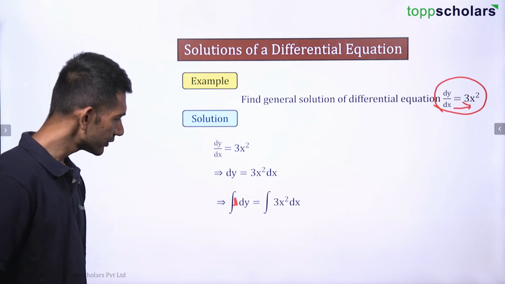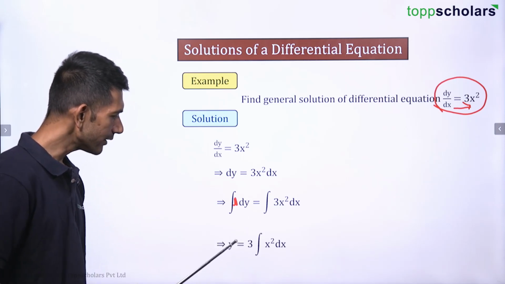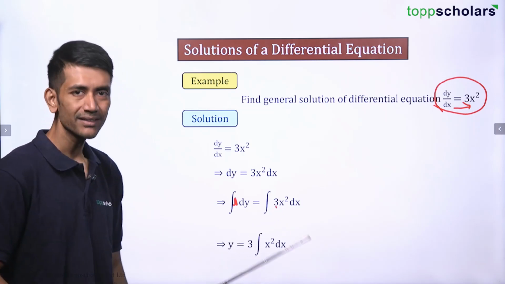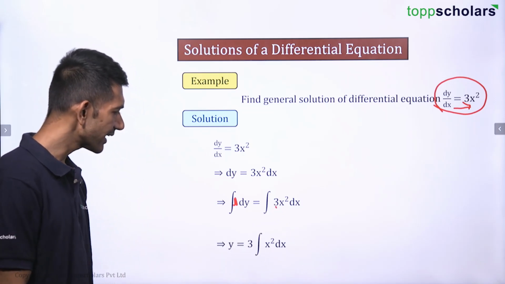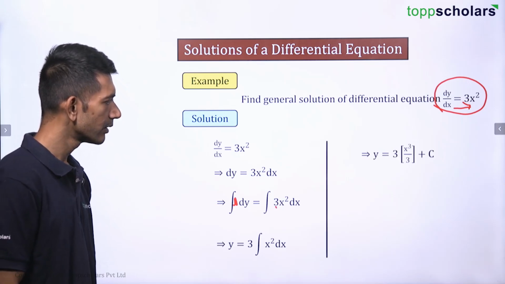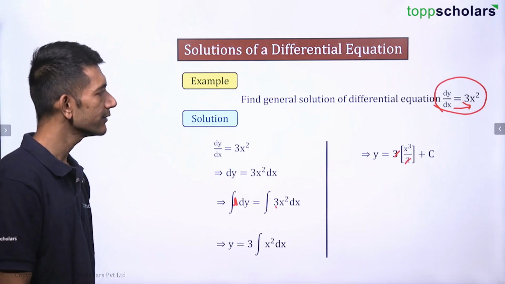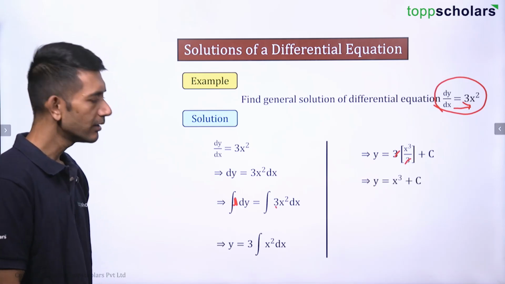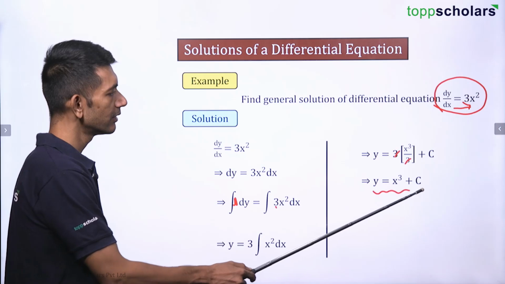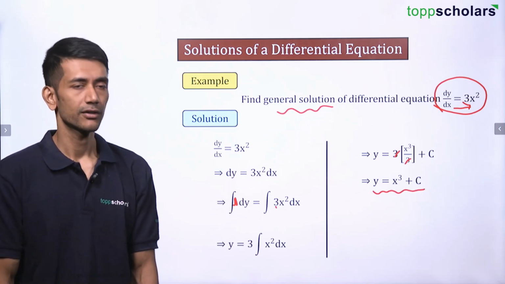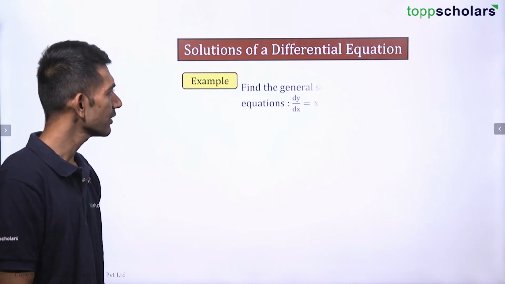So y is equal to 3, a constant, you take it outside, integration of x square is x cube by 3. This 3 and this 3 will get cancelled, and you will get y is equal to x cube plus c. Yes, that's it. This is the general solution. Simple. Let us see one more example.